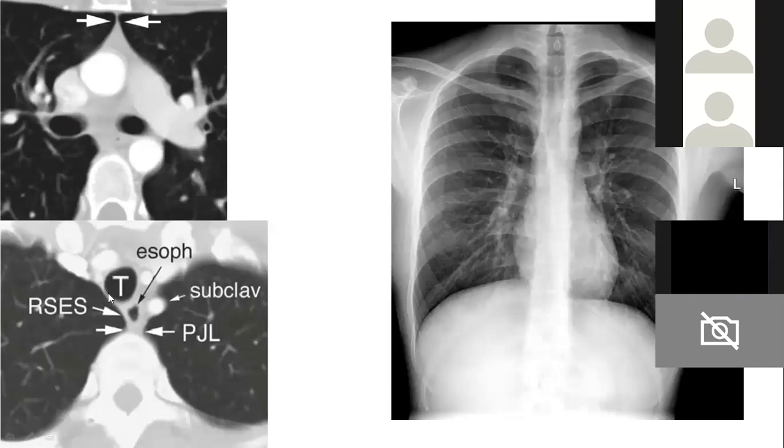It is seen as a linear opacity here, which should not be more than 4 millimeters. Up to 4 millimeters is acceptable. More than 4 millimeters, it can be lymph nodes or tracheal malignancy. There are many other causes for it, which we'll not discuss now.